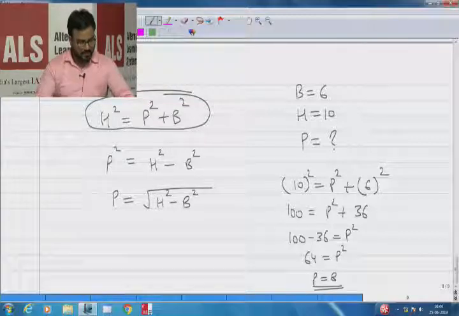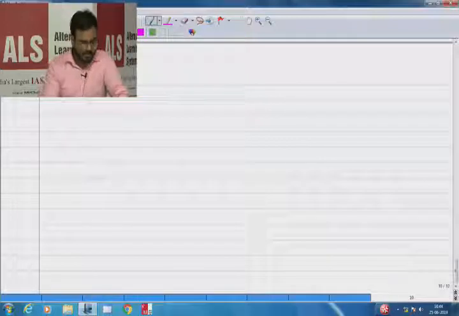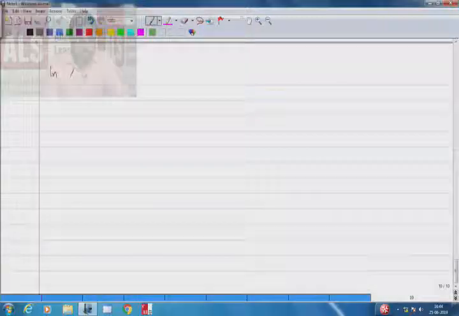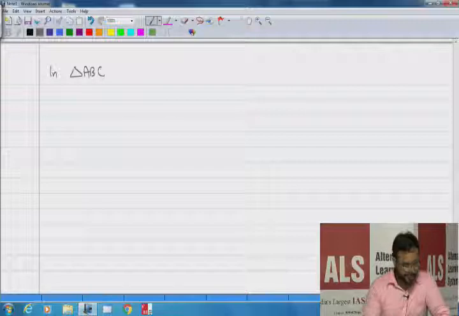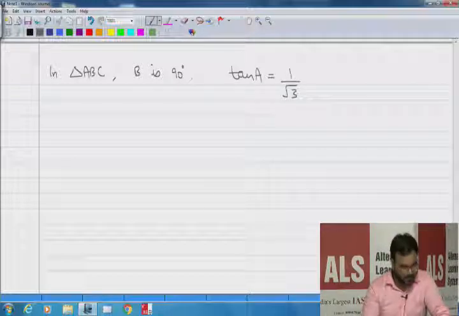Okay. Now one more good question. Try this one. It is written in triangle ABC, B is 90 degree, tangent of A is 1 over root 3.